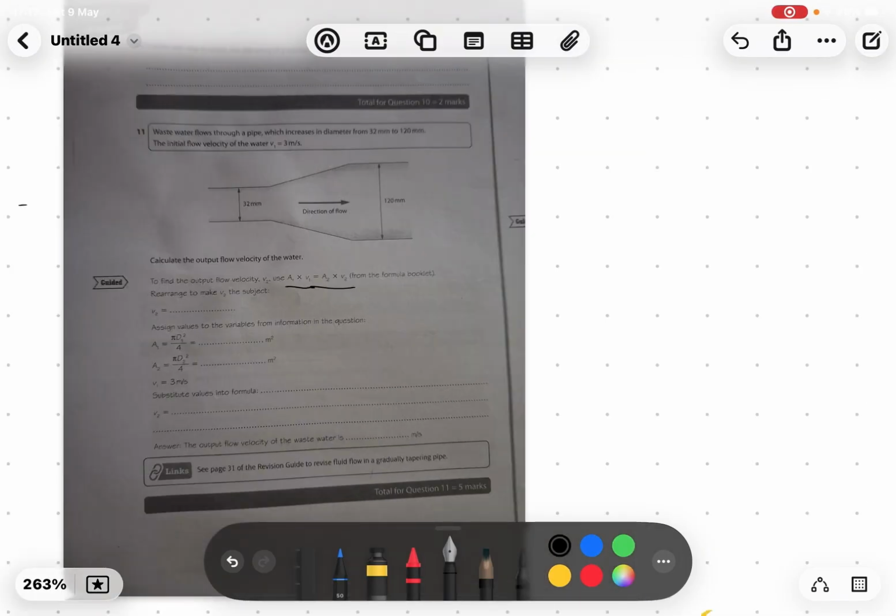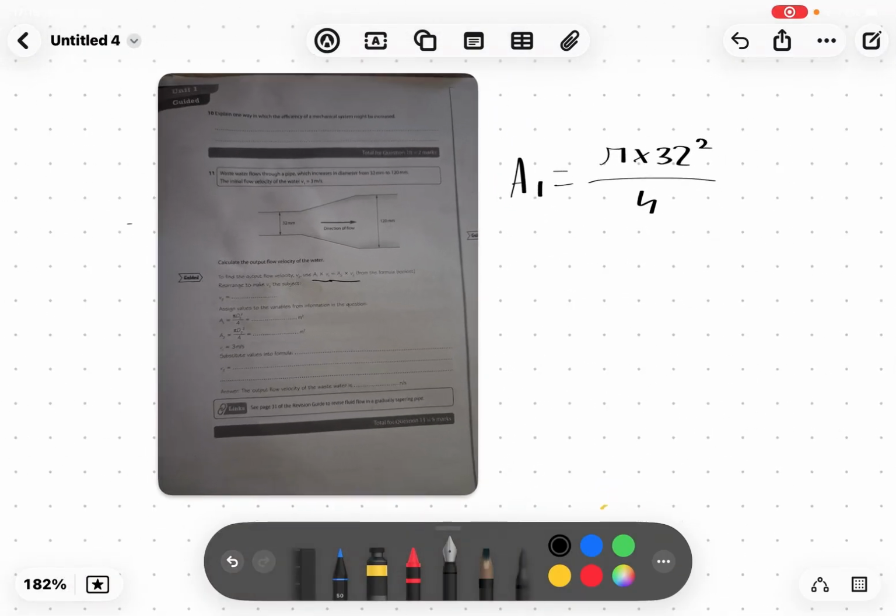So let's say A1: pi times 32 squared divided by 4. Let me check on my calculator what it's going to be.